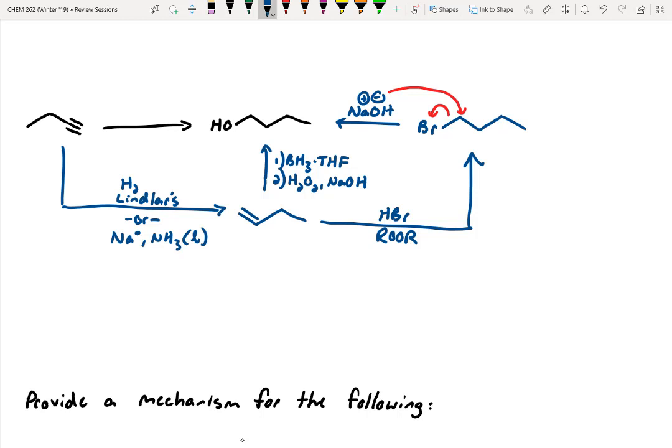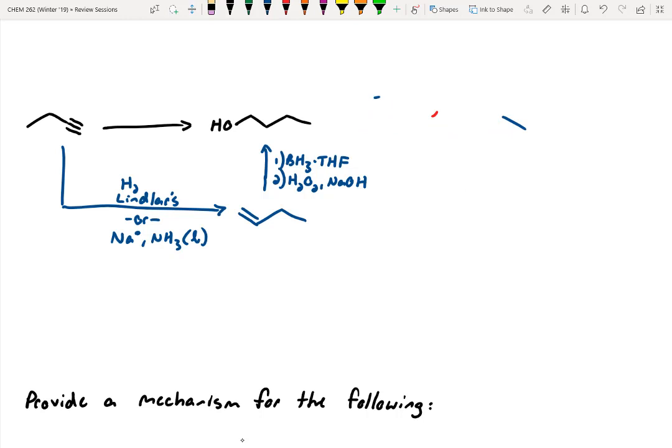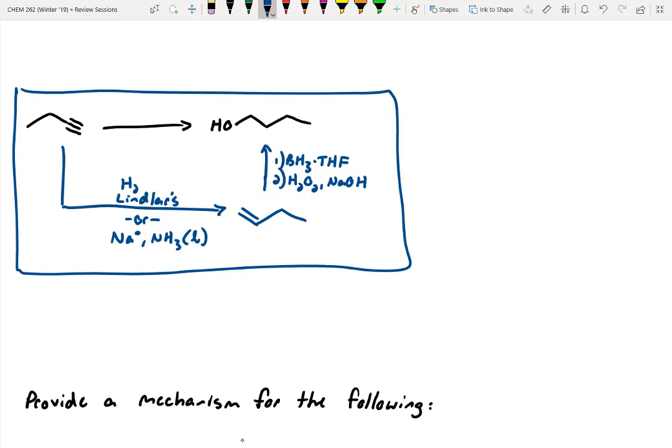Which one would you choose? The one with the least amount of steps, right? So in this case, when we ask for the most efficient synthesis, we're usually asking for the one with the fewest number of steps. So I would just erase this and say, yeah, that would work, but who wants to waste that much time on a reaction? It'd be much, much easier to accomplish it this way. Make sense? All right.